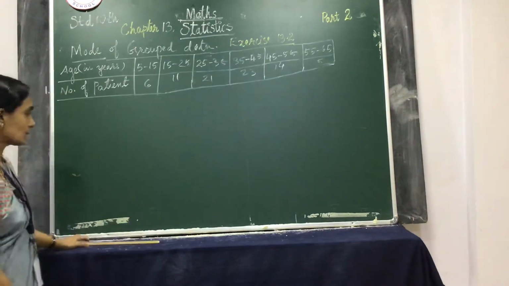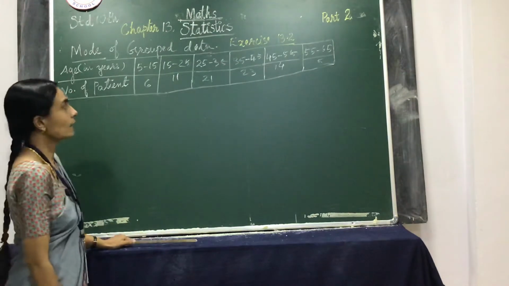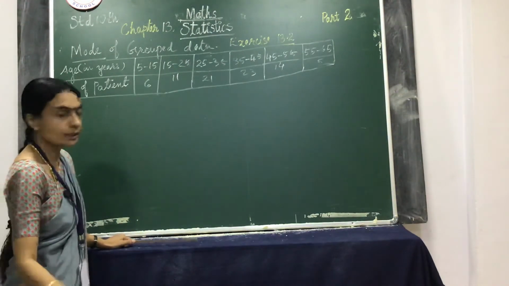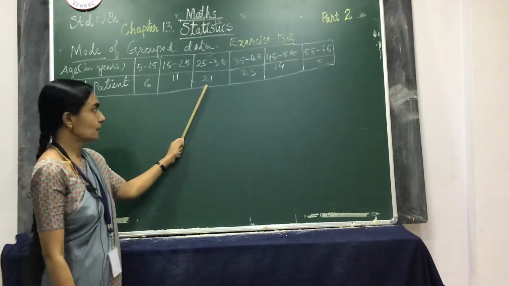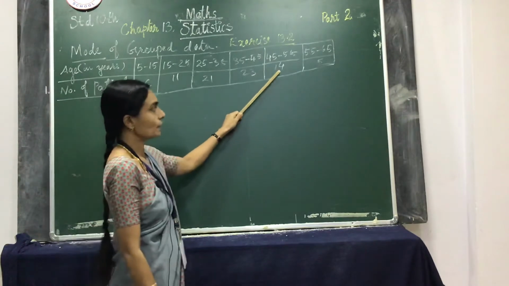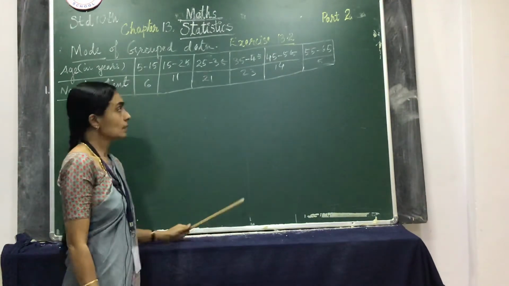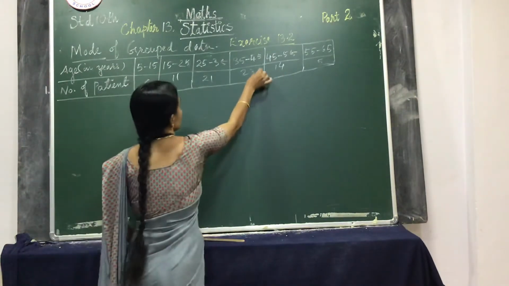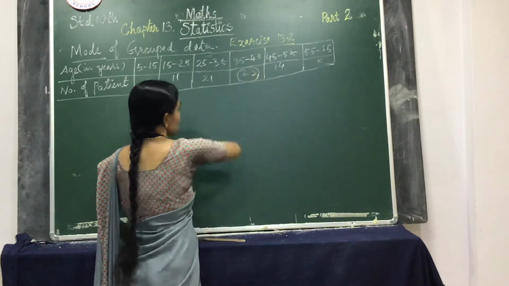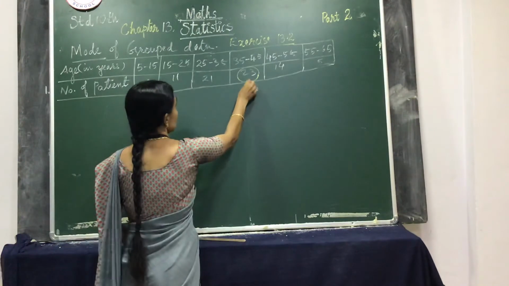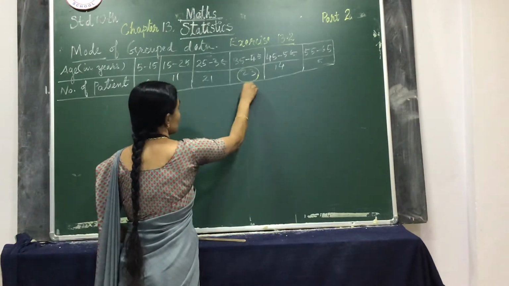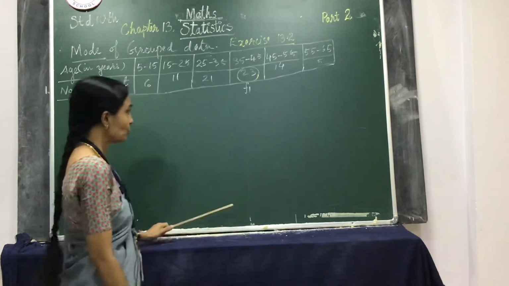The modal class means the class interval having the greatest frequency. See, here we have 6, 11, 21, 23, 14 and 5. Among these, the greatest number is 23. So this is the frequency of the modal class, represented by the letter F1.